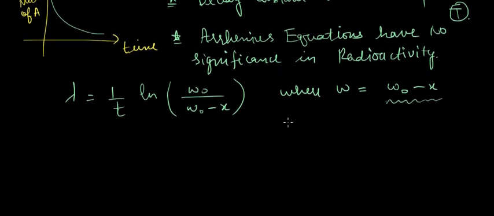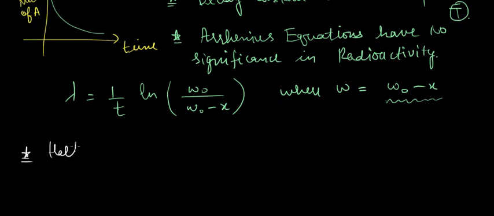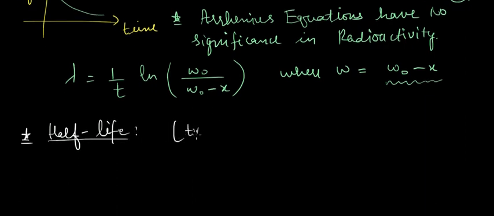Okay, next let us discuss half-life. So half-life is represented by T half. We have already seen this in our chemical kinetics chapter. So when t equals T half, we can write that the weight remaining would be equal to the initial weight divided by 2.